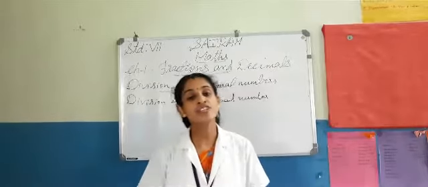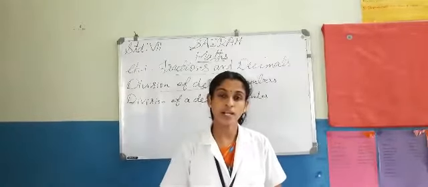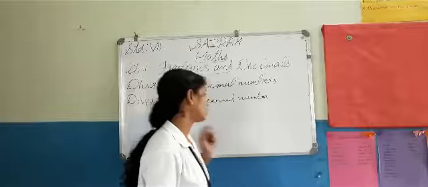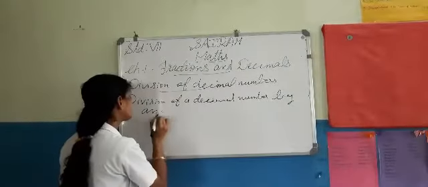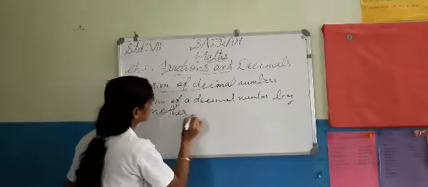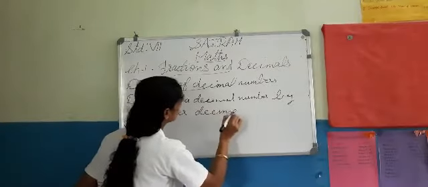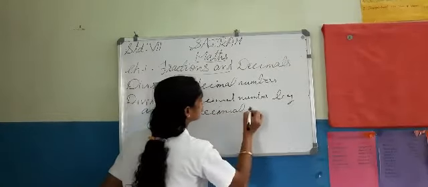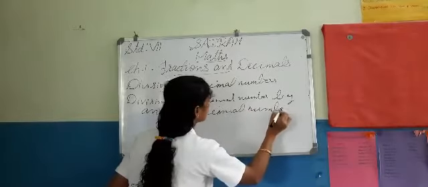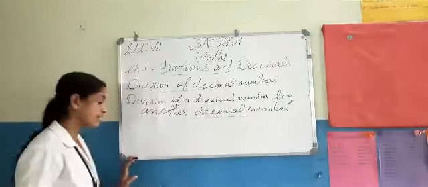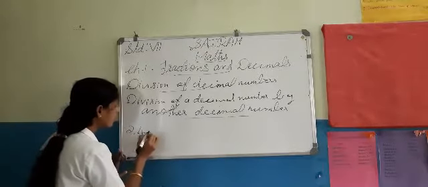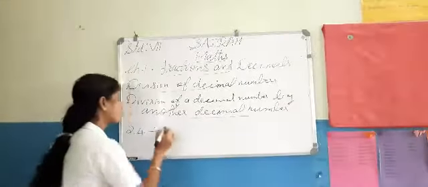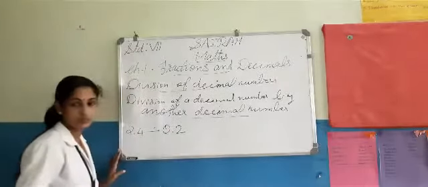Next is division of a decimal number by another decimal number. Consider an example. 2.4 divided by 0.2.